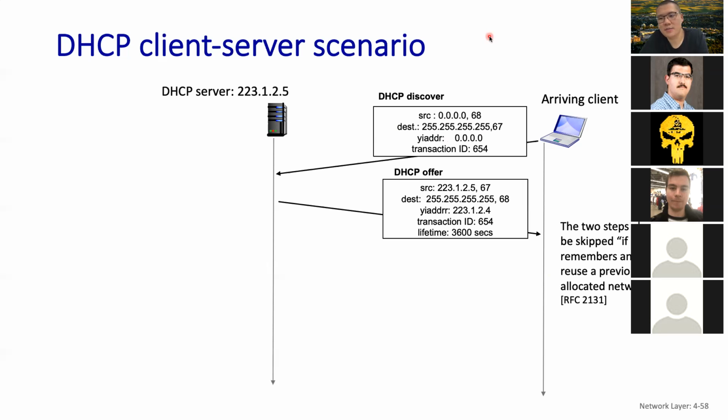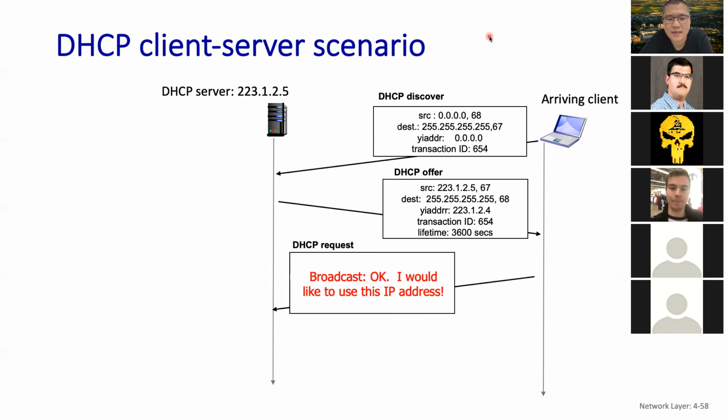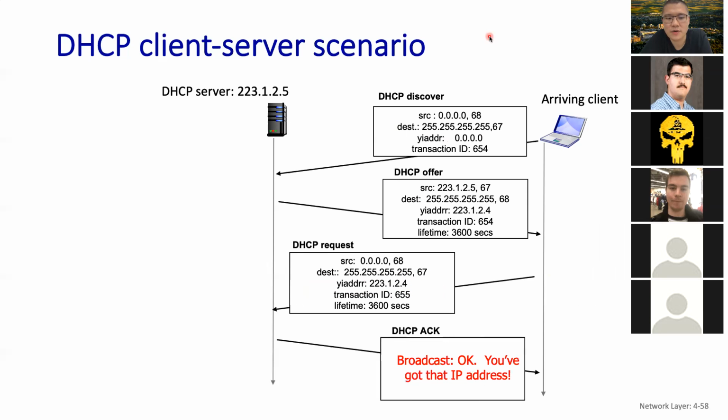You just skip the first two steps and request the IP address you used before. So I think this is a quite straightforward protocol, much simpler and easier than what we learned for TCP.